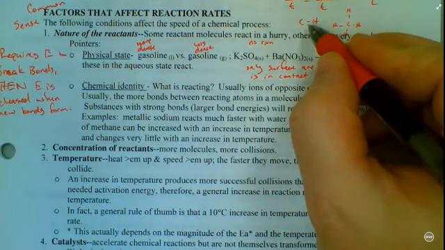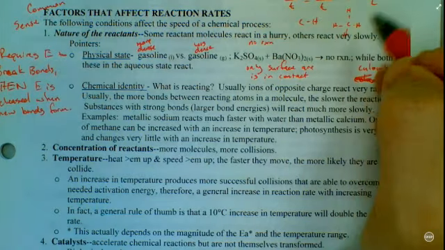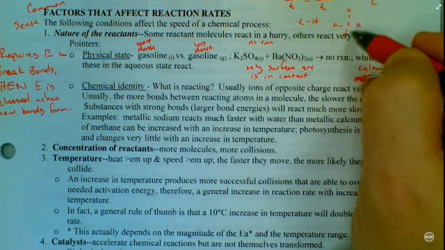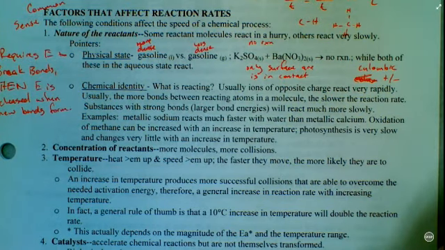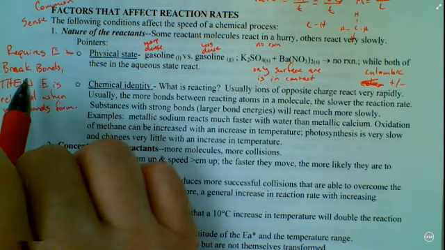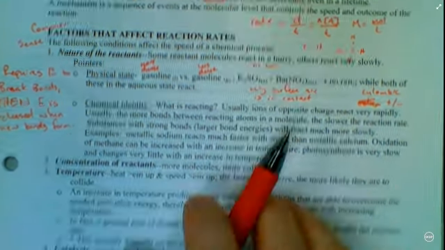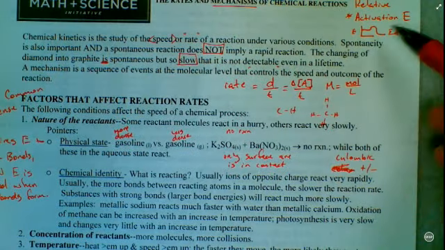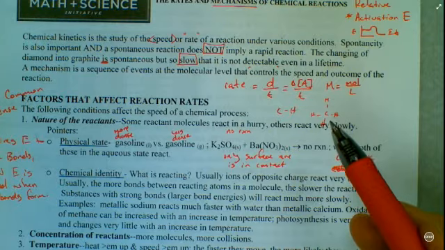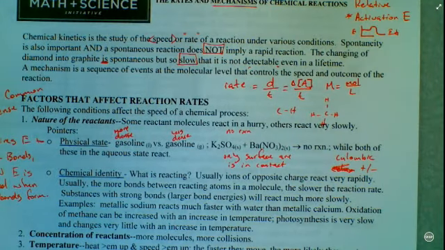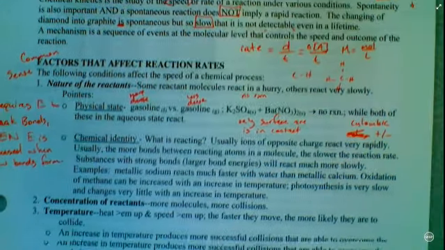This is going to react a lot faster because there's only one bond to break compared to this methane right here where there are 4 bonds to break before that can occur. Remember, we have to put energy in to break the bonds, right, to satisfy this energy hump. Okay, and if there are more bonds to break, that's going to take more energy. It'll take more time because those collisions will be a little bit more rare.